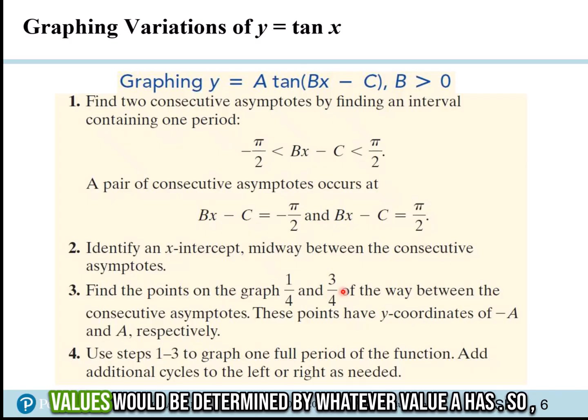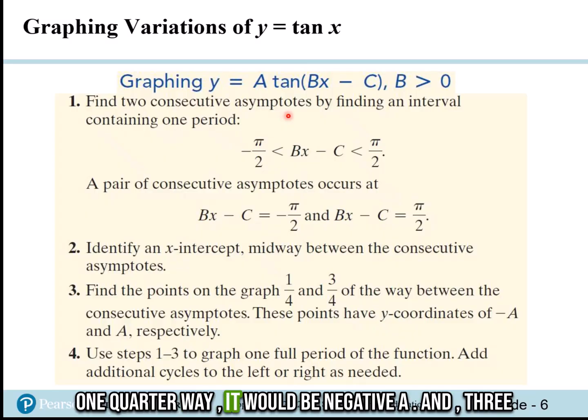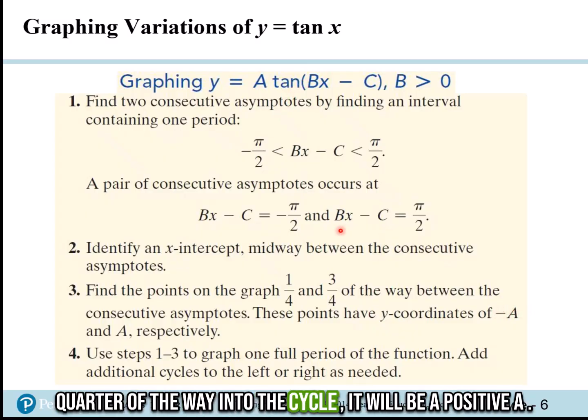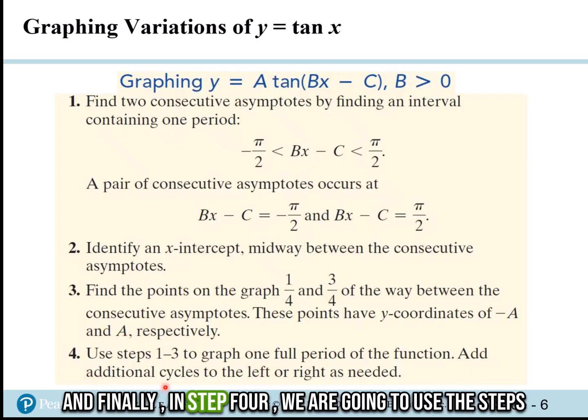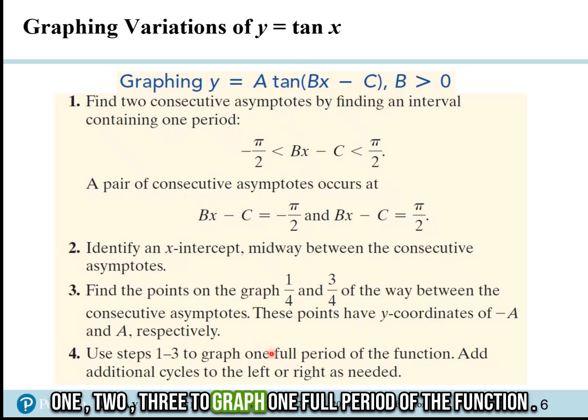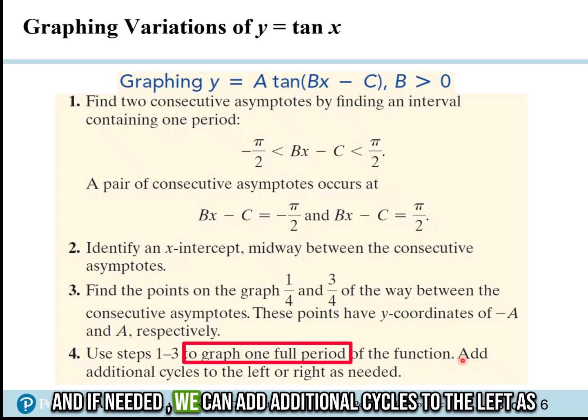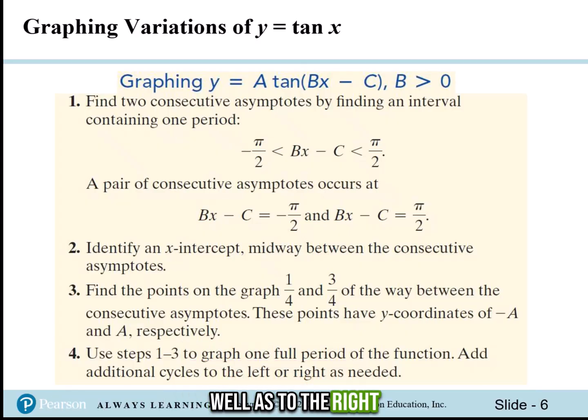Here, those values would be determined by whatever value a has. So 1/4 of the way, it would be -a, and 3/4 of the way into the cycle, it will be +a. And finally, in step 4, we use steps 1, 2, 3 to graph one full period of the function, and if needed, we can add additional cycles to the left as well as to the right.